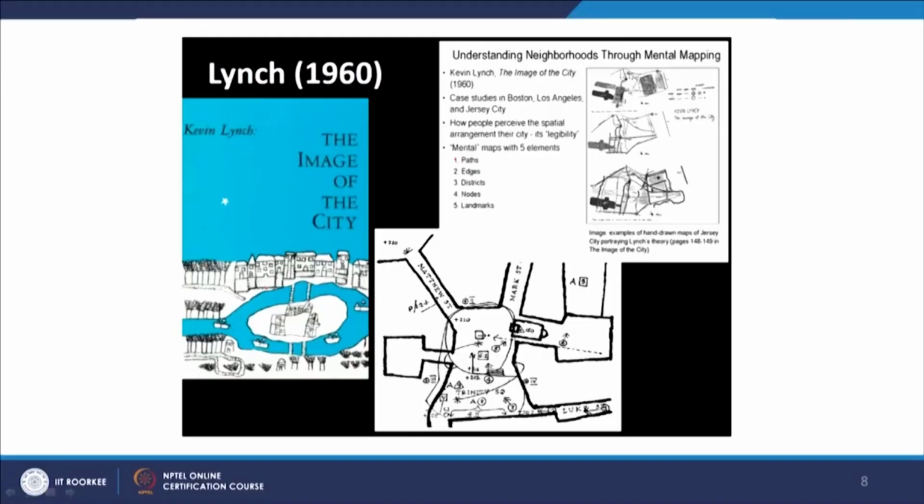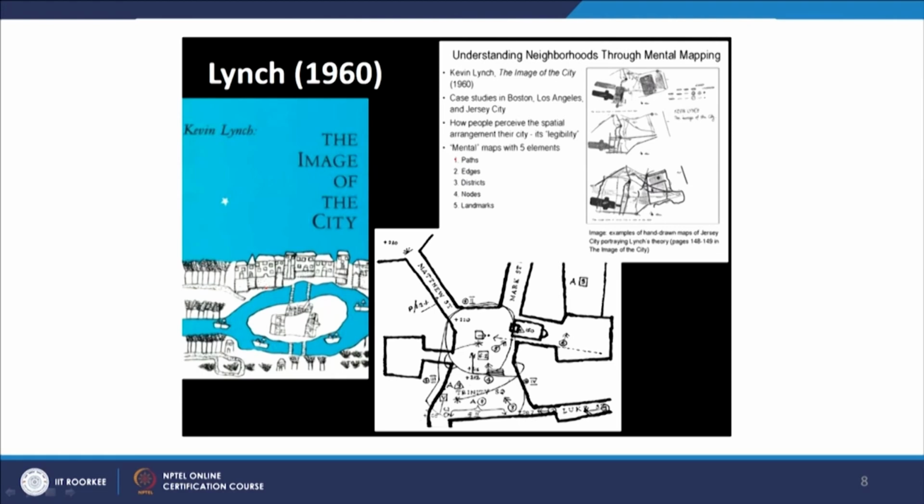Now, when we talk about these distinctive morphologies, and about how one can understand a space, show attachment to a place, and how it is legible to one's understanding, I go back to Kevin Lynch and his important contribution, The Image of the City.